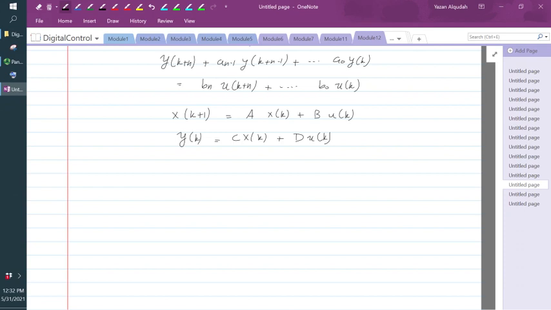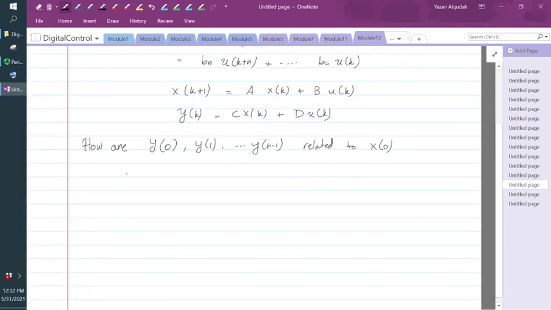So if you consider the initial conditions, how are y of 0, y of 1, all the way to y of n minus 1 related to x of 0, the initial state vector? To do that, we're going to set the input u of k to 0 for k greater than or equal to 0.